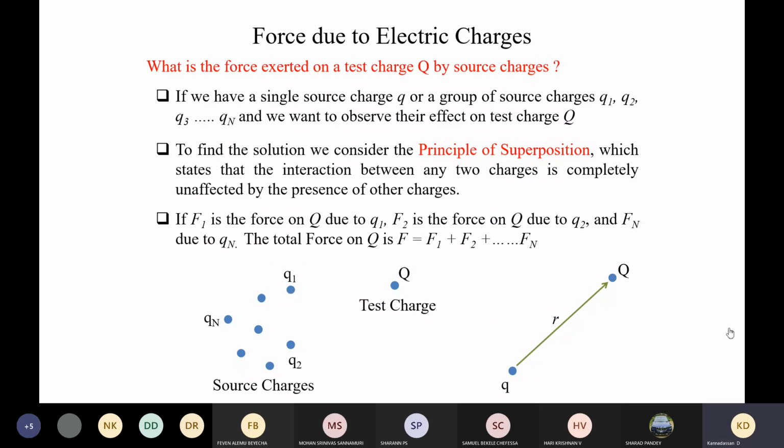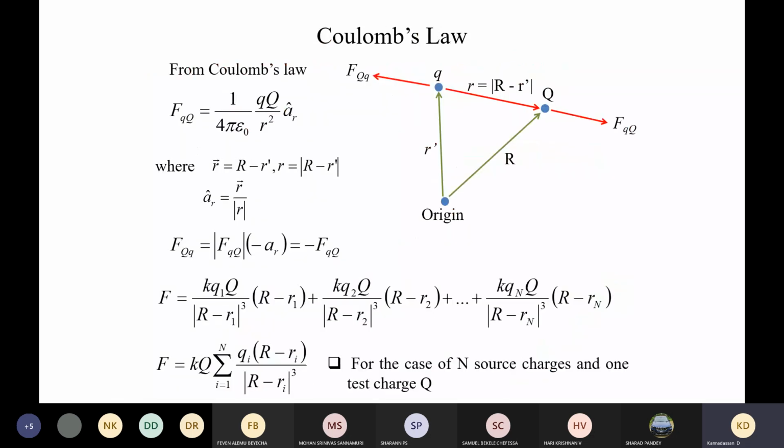We moved to the force acting on a particular test charge due to multiple charges and how to describe that. The key thing you have to remember is that sometimes these points will be given, or sometimes the R vector itself might be given. This is completely vectorial, mostly a pure mathematical workout.